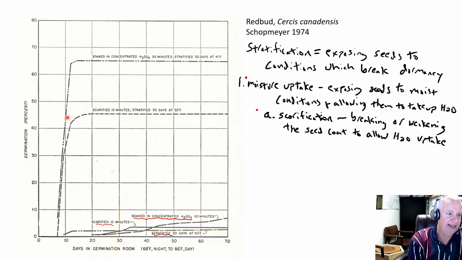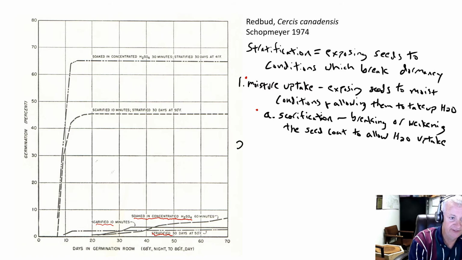But when they combine either the mechanical or chemical scarification with that moisture uptake treatment, they get much better germination success. So redbud there is an example of a species in which both scarification and moisture uptake is necessary for breaking of dormancy and germination.